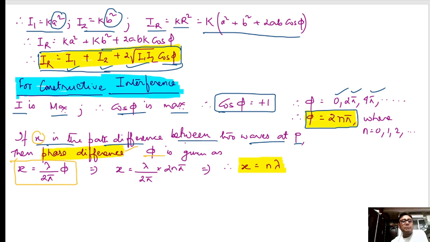Let me highlight this properly for you. X is the path difference, phi is the phase difference between the two waves. Clear? So this is actually X.